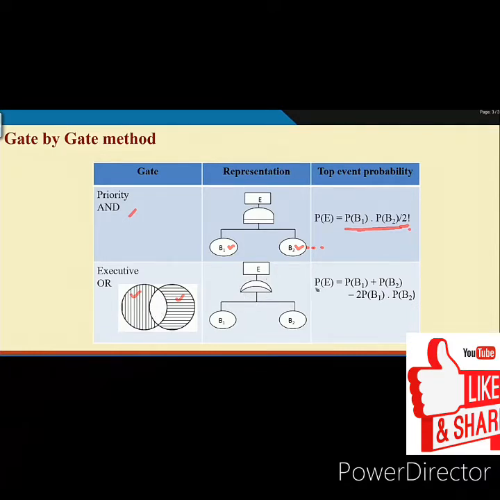Now, if we write probability of E, the top event, it is P(B1) first part plus P(B2) second part, then twice we have taken P(B1)P(B2). So, you either use a Venn diagram or some logic, but for every gate you have to find the output probability of the gate given the input probabilities. Either it is an AND gate, OR gate, exclusive OR gate or priority AND gate, that is what you have to do.